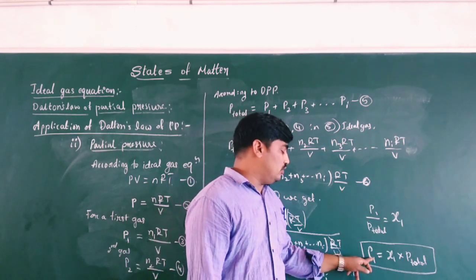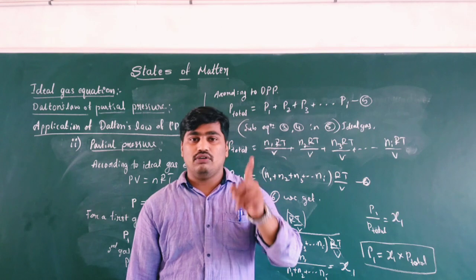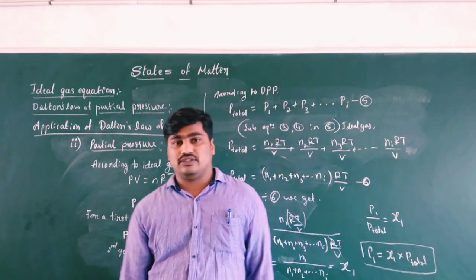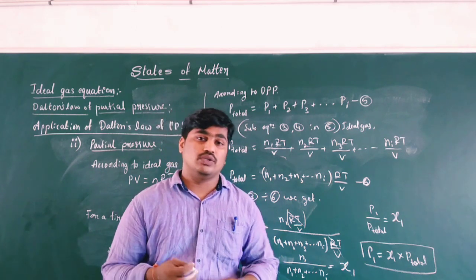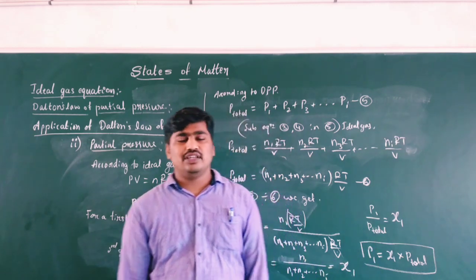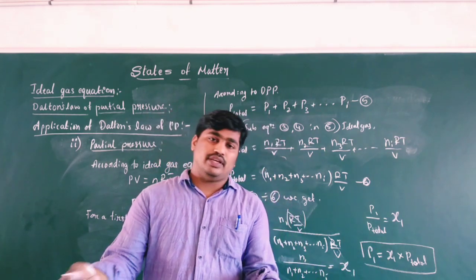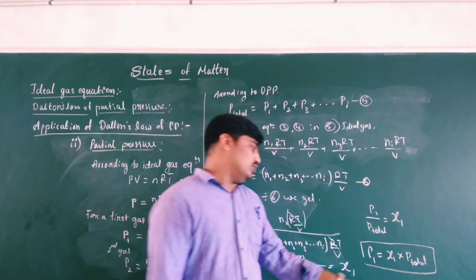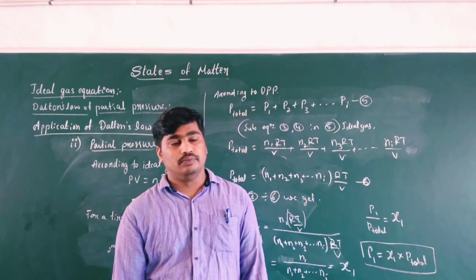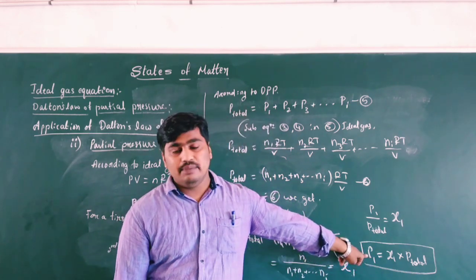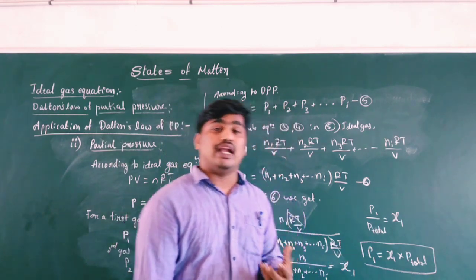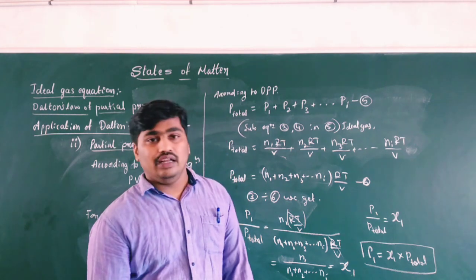We can easily find the partial pressure of a gas if we know its mole fraction. Finding the total pressure is easy, using any equipment like a barometer or manometer, but the mole fraction must be known. Then we can easily find the partial pressure. So this equation is obtained from Dalton's law of partial pressure and the ideal gas concept.